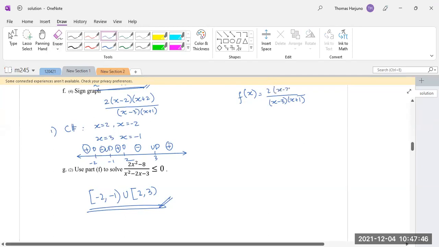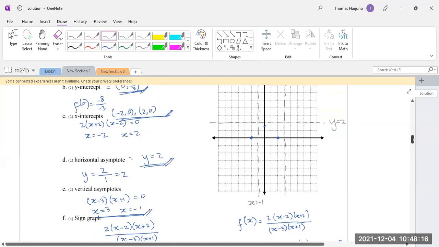So (x minus 2)(x plus 2). So f(-4) will be 2 times -6 times -2 over -7 times -3. That'll be positive 24 over positive 21. That's 8 over 7, a little bit over 1.